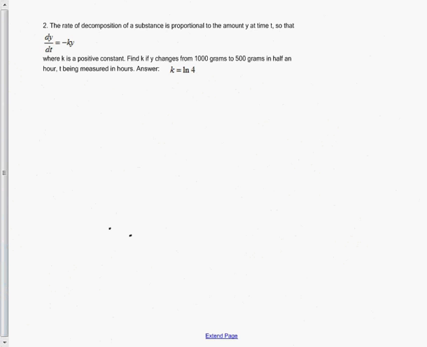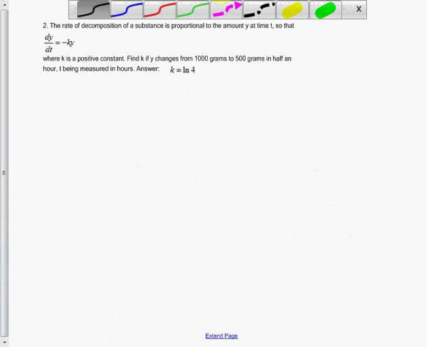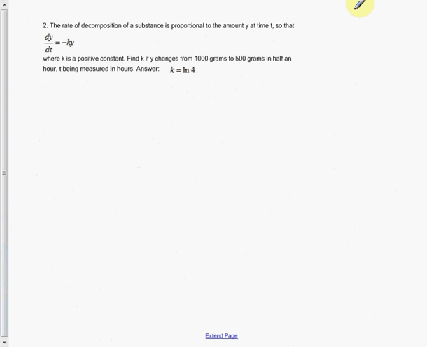So let's look at the initial conditions. It says find k if y changes. So here, when y is equal to 1,000 grams, t is equal to 0.